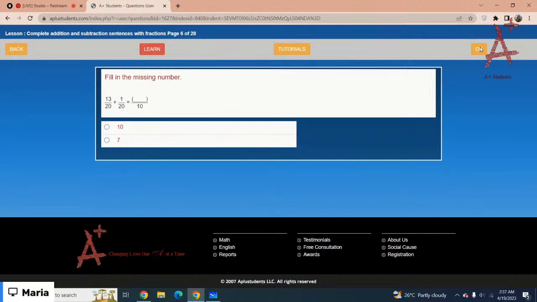Yes, 13 plus 1 is 14, and you can divide them by the common number 2. So it would be 7. Got it? Because it would be 14 over 20.